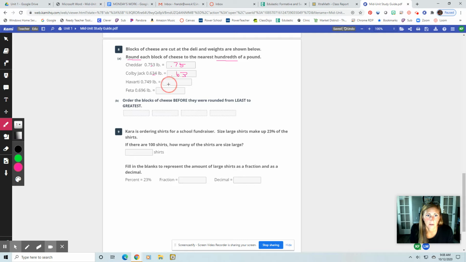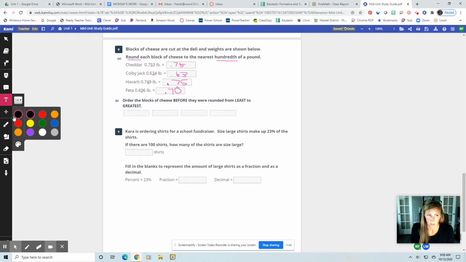And then Havarti, one of my favorites, it would be 75, because that 9 made it round up. And then, oh, my decimal looks like a plus. What about feta? This is going to make that 9 go up, which would make the 69 change to a 70.